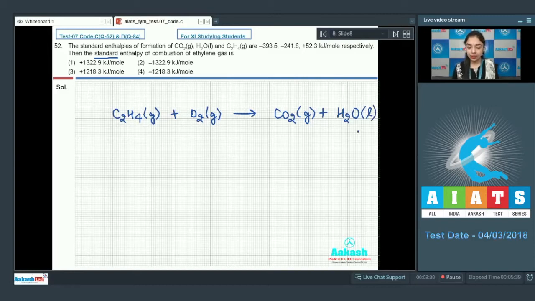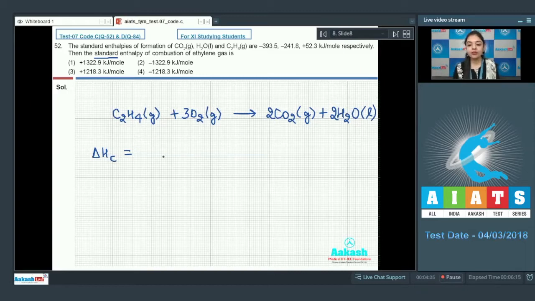So first of all, balance this equation. It will be 2 CO2 and here it will be 2 water molecule, and the oxygen will be equal to 3 O2. Fine. So in this case the delta H combustion will be equal to summation of delta H formation of products minus summation of delta H formation of reactants.